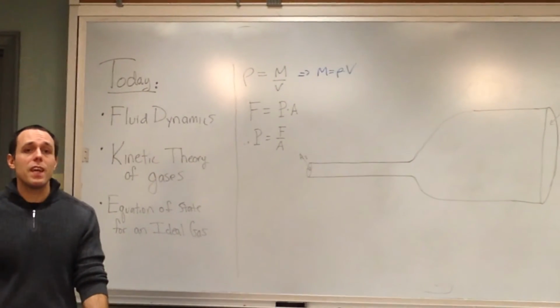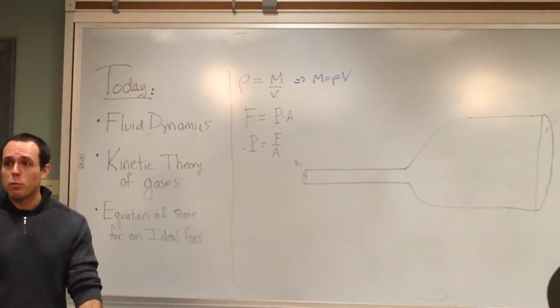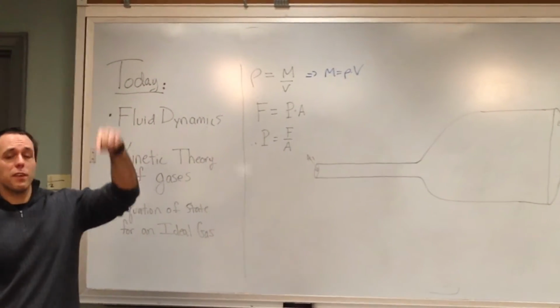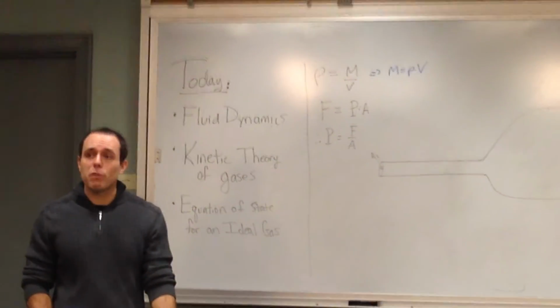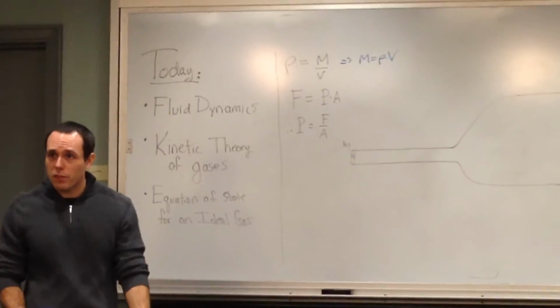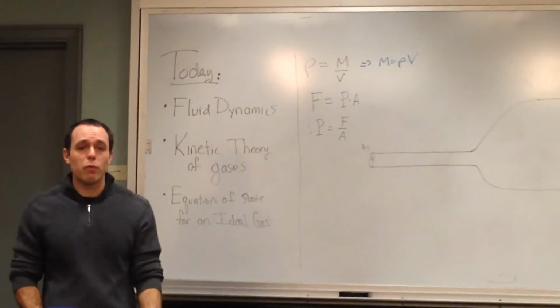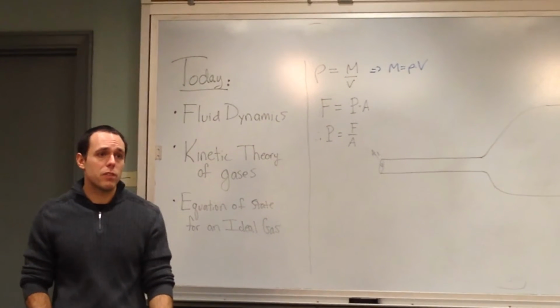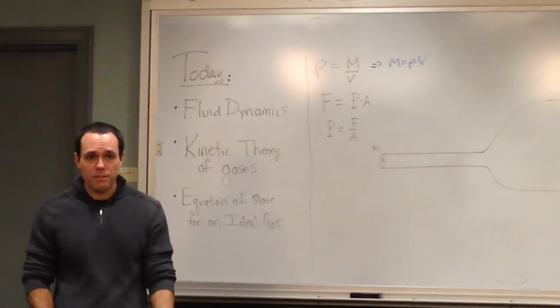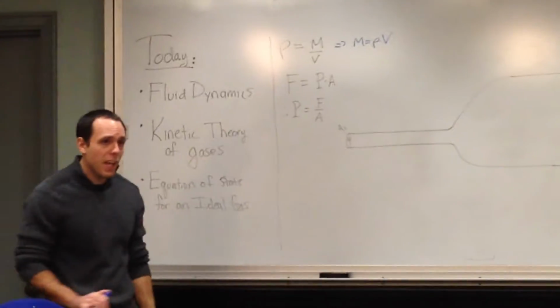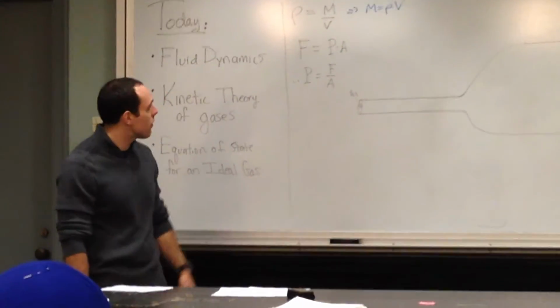And of course, since we have to take into account the total pressure, there's also the atmospheric pressure weighing down, and thus the total pressure was the atmospheric pressure plus rho gh, rho being that of water. We were immersed or submersed in water. So we use that fact to help us in our previous lectures.